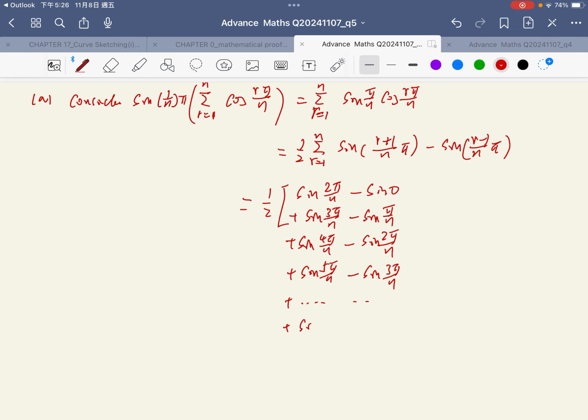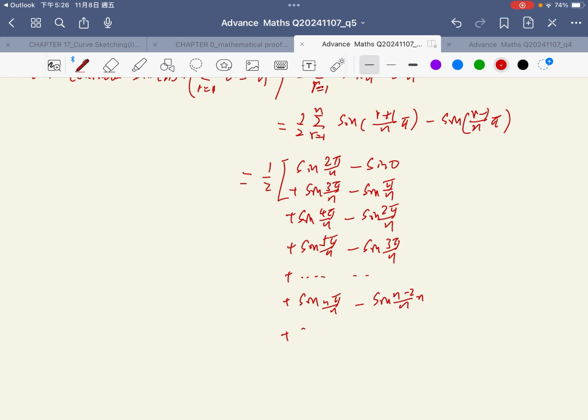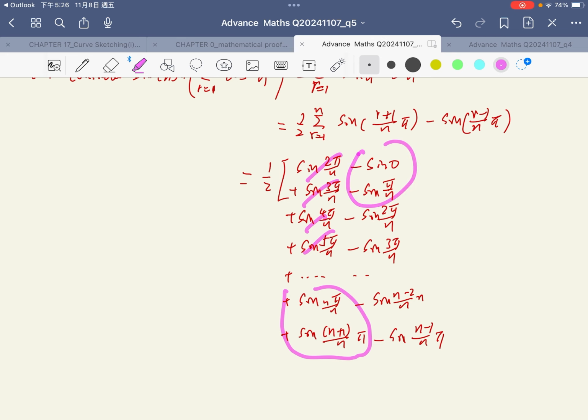The last term is sine n pi over n minus sine of n minus 2 over n pi, and then plus sine of n plus 1 over n pi. By pattern recognition, all those terms are cancelled, and only this one and this one are left.